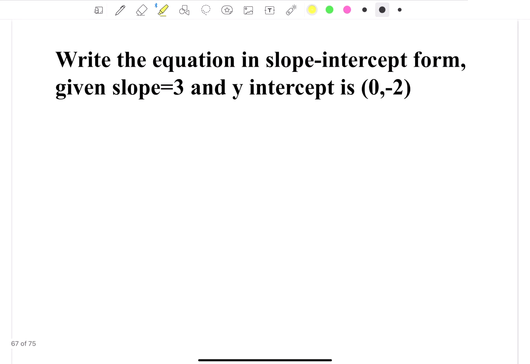Let's see the first example. Write the equation in slope-intercept form given the slope is 3 and the y-intercept is (0, negative 2). So slope m is 3 and the y-intercept b is negative 2. We want to write the slope-intercept form, y equals mx plus b. I will also go ahead and write the standard form of it.